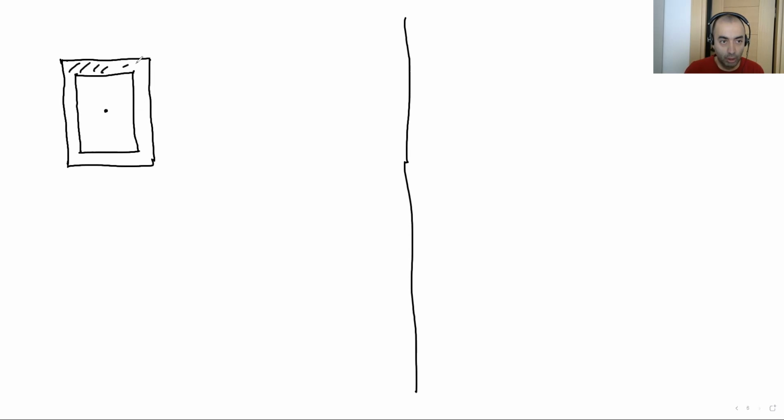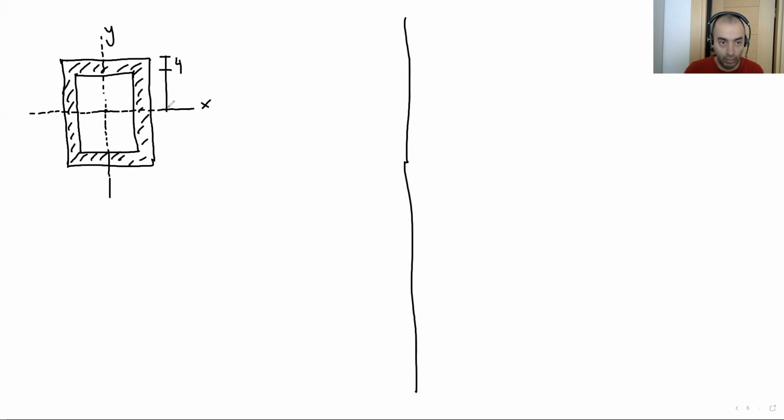So here we have the x-axis. This is x, and this is y. Dimensions are, let's write.